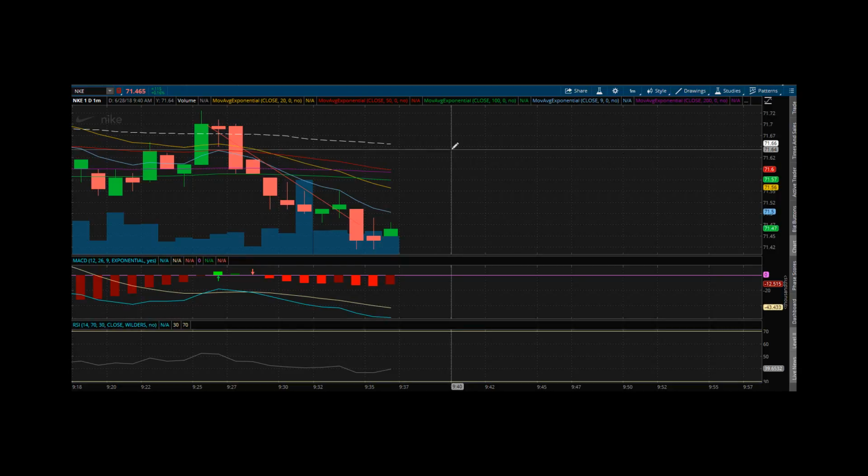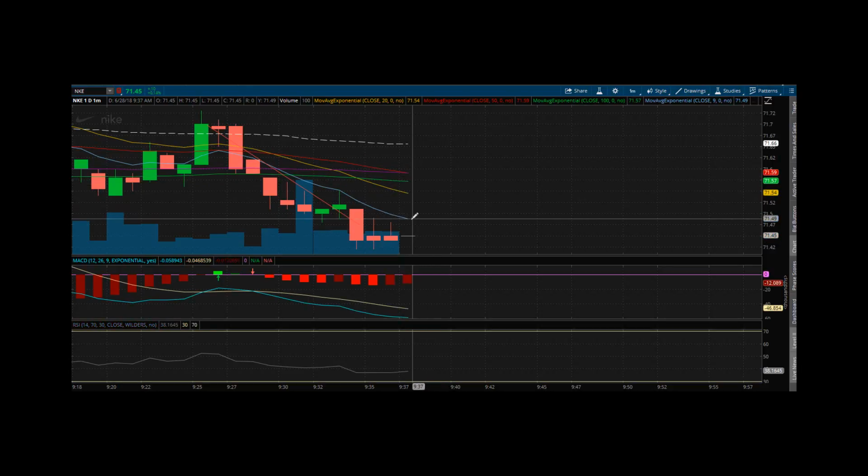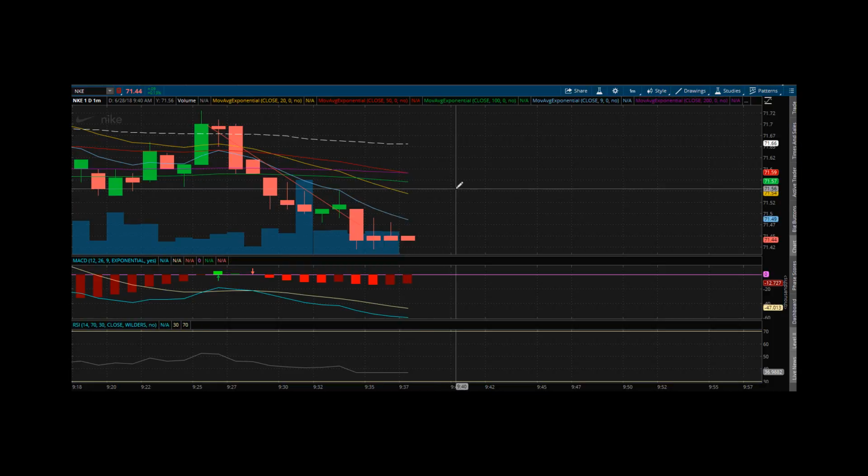So hopefully in the next minute, 2 minutes, we start to see it actually break across this EMA line, and let's see what it does. Hopefully it does that, and if it doesn't, well, we'll see what happens there.